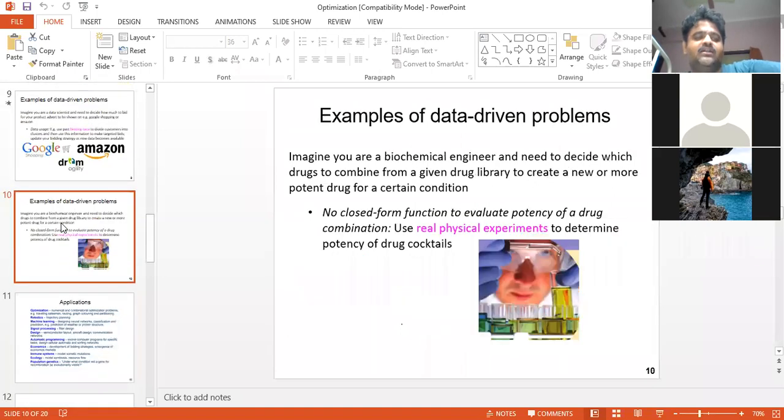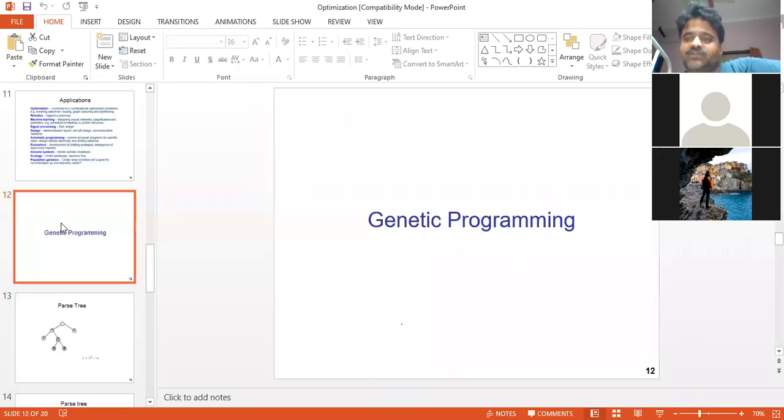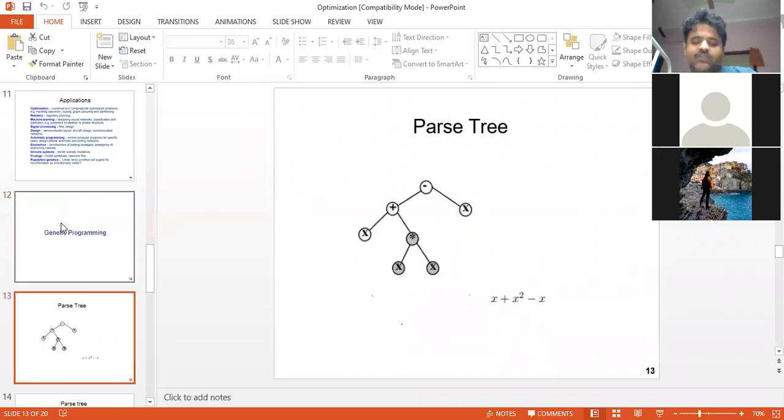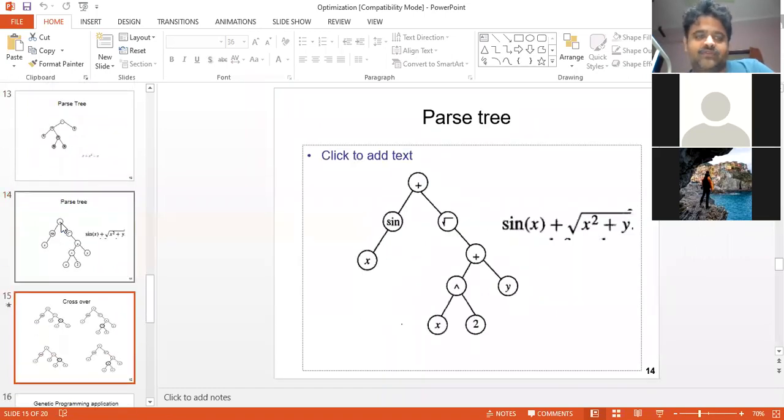And at the last, we studied genetic programming, which is useful for solving a parse tree, that is, for compiler design.